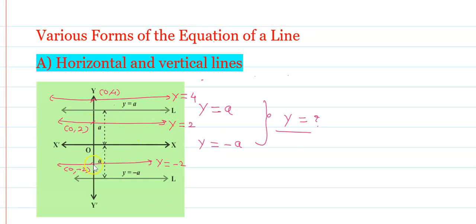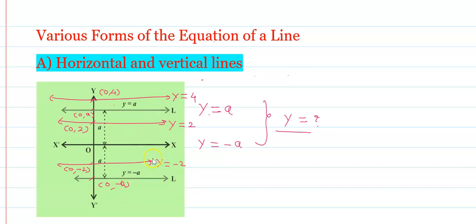Here it intersects at (0, minus 2), and therefore its equation is y equals minus 2. In general, whenever a line intersects the y-axis at the point (0, a), its equation is y equals a. If it intersects at the point (0, minus a), its equation is y equals minus a. These are the lines which are parallel to the x-axis.